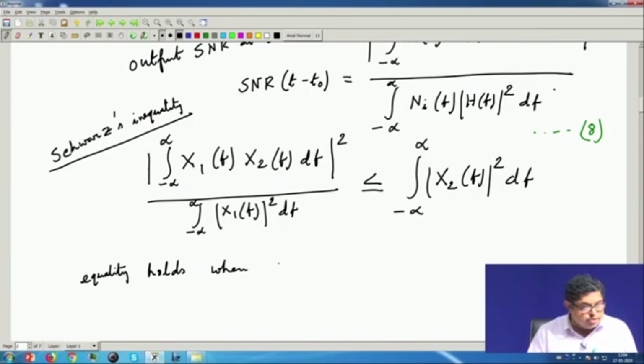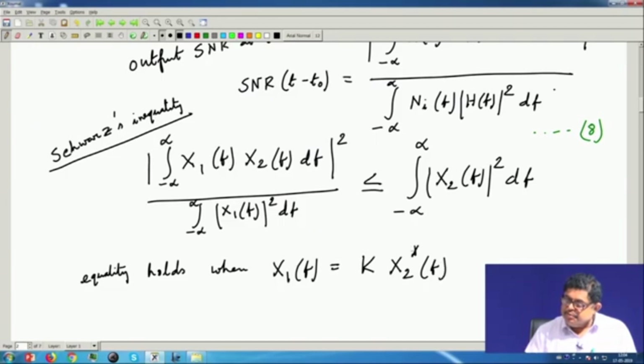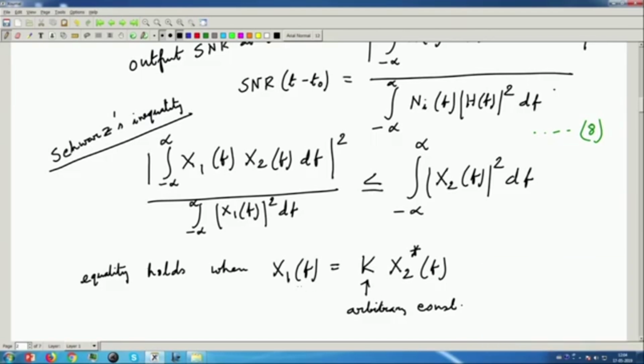Equality holds when x1(f) is some constant k times x2*(f), the conjugate. Here k is an arbitrary constant. So when these two complex functions are related like this, the ratio is equal to this, and that is the maximum value.